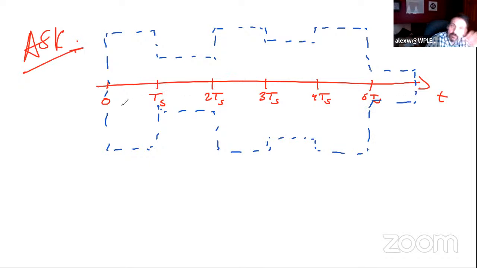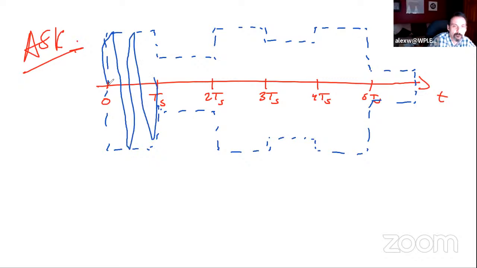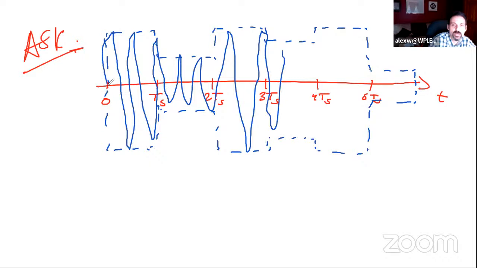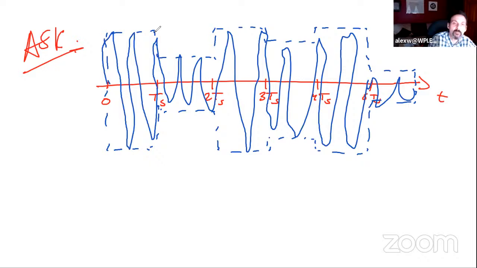And our carrier fit there, this cosine wave, right? And the information was contained in the envelope of that carrier. My badly drawn carrier.